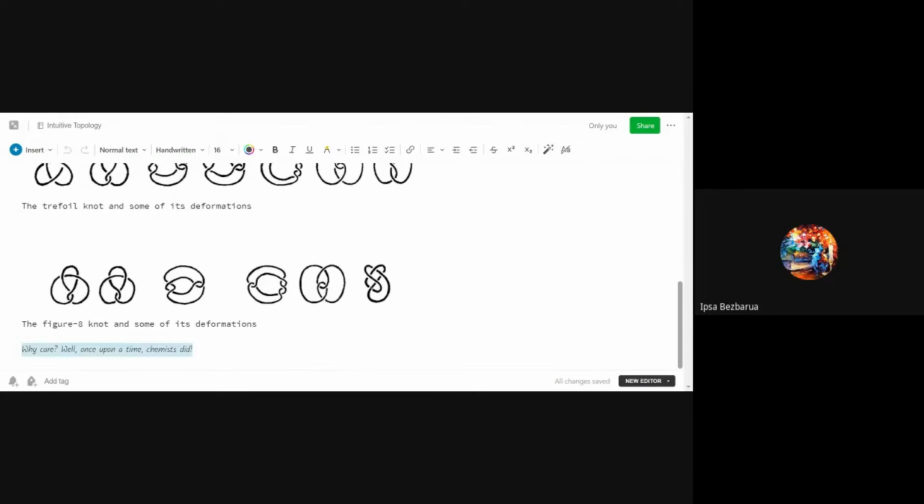Well, once upon a time chemists did. There's this book by Colin Adams called The Knot Book, which gives a brief history of how the study of knot theory came into existence. Apparently in the 1880s, the physicist Lord Kelvin was convinced that, so you guys know about ether, right?